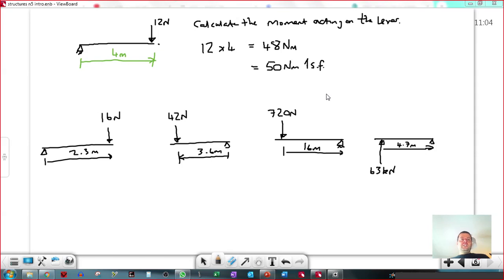Now, I'm also going to state that the moment, that 50 Newton meters moment, is clockwise. Or I could just do that, just a wee symbol that indicates clockwise. Now then, I want you to do these four in exactly the same way.